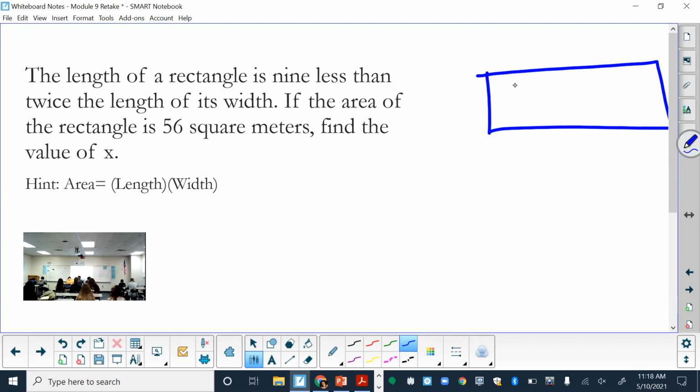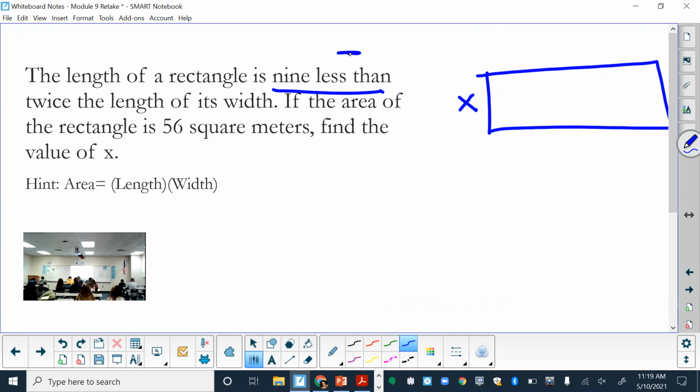But what does the width equal? Does it say? It doesn't explicitly say the width equals this. So the width is an unknown, we'll call it x. And over here we have the length, which is 9 less than. So what operation is that?